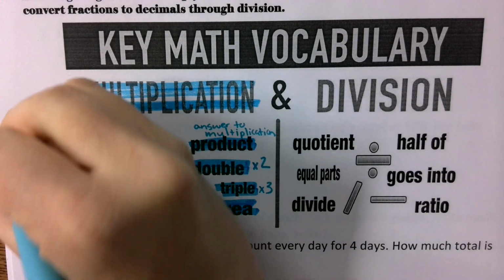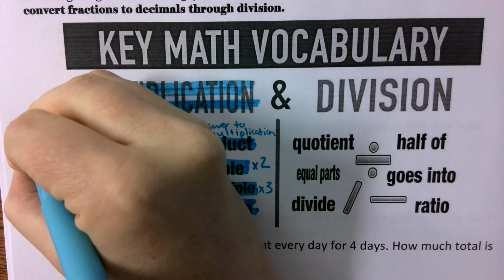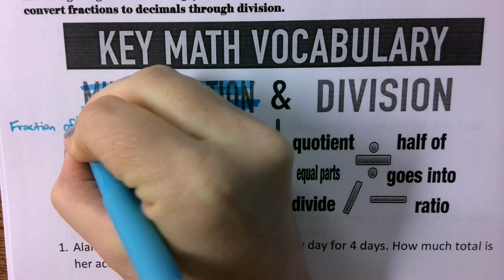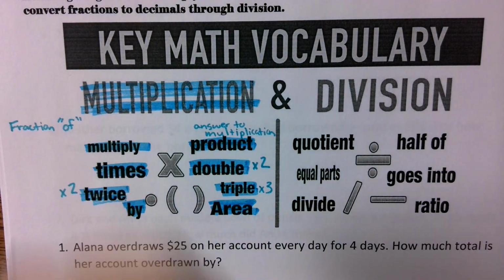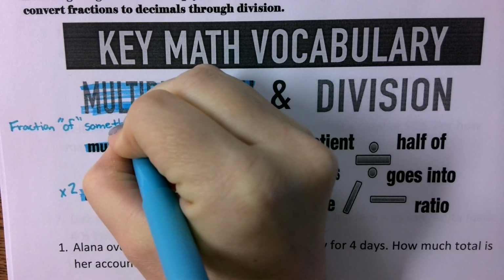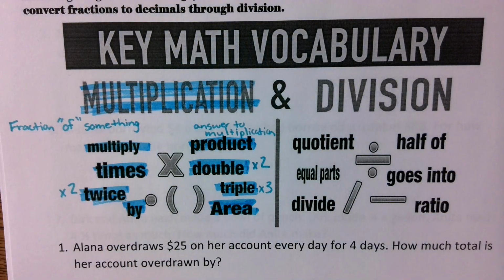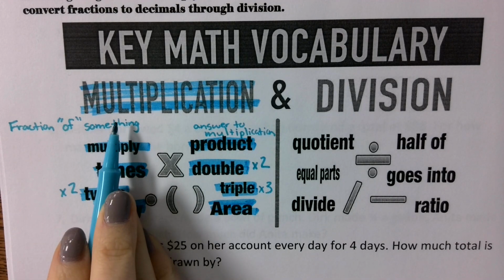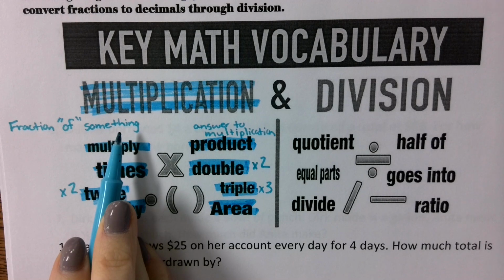So if you ever see a problem where you have a fraction and then the word of and then something else that it's relating to, like if I say 2/3 of the class has finished already, then that means I would be taking 2/3 and I would multiply it by the number of people in the class.